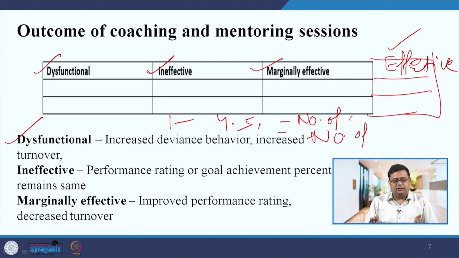Whether you have to continue these coaching and mentoring sessions within the organization or not, that is the decision you have to take, and based on this analysis you can take this decision, right.